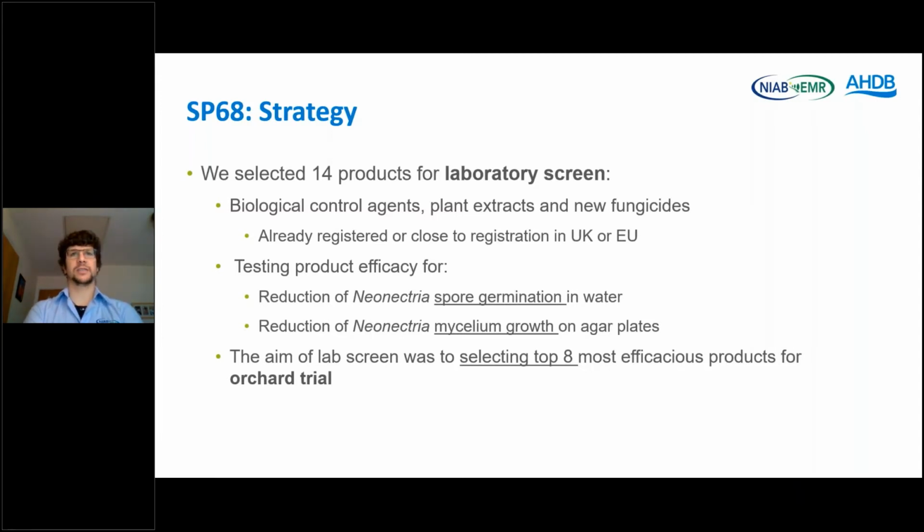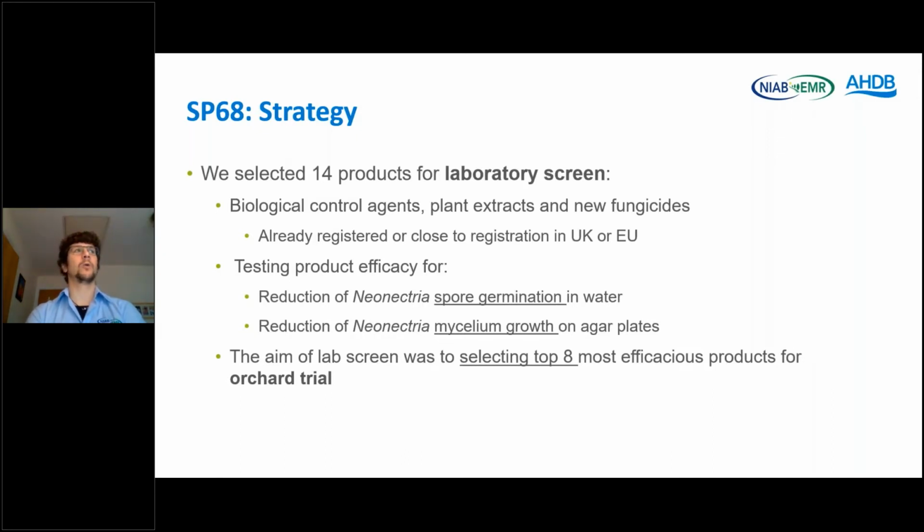First, which is, to my belief, the most important one, is whether or not the products can reduce spore germination of the pathogen, Neonectria. If they can reduce spore germination, then there'll be no cankers. And the second thing that we tested, if they don't reduce spore germination, was the reduction of mycelium growth, so reduction of fungal growth by the product.